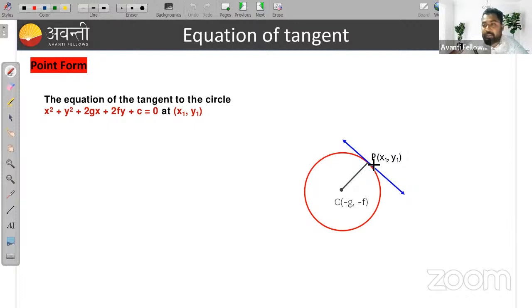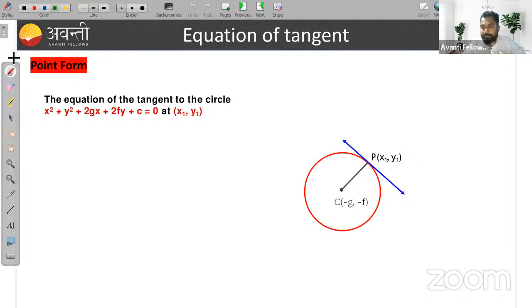Just reply in the chat box. What is the equation of tangent in this case? Anyone? Yes.